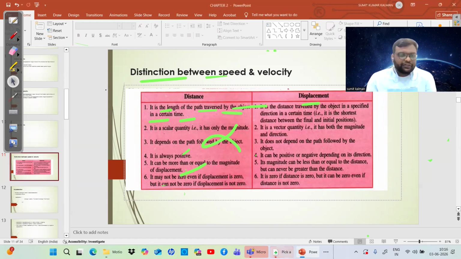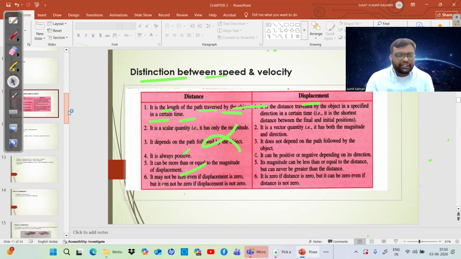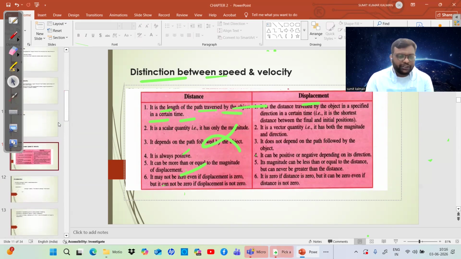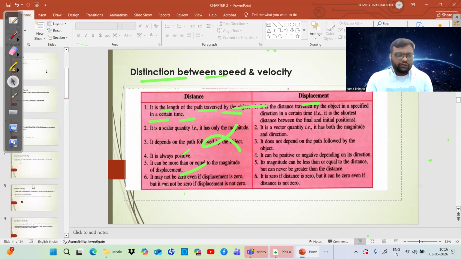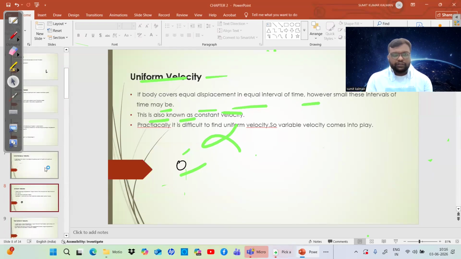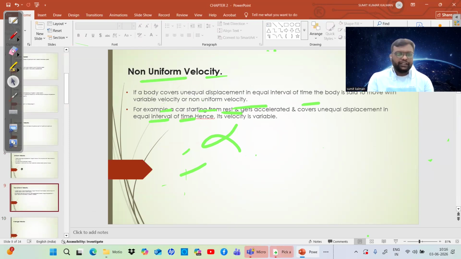And students, I have to mention one extra point in non-uniform velocity. To add one extra point, let us see the examples of non-uniform velocity.